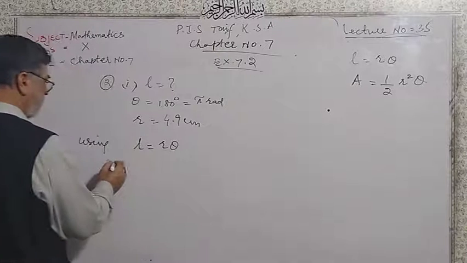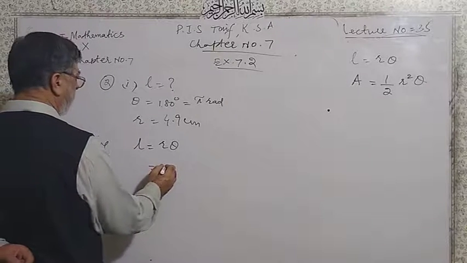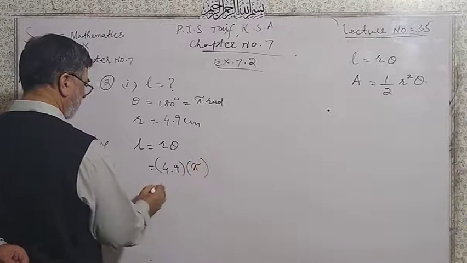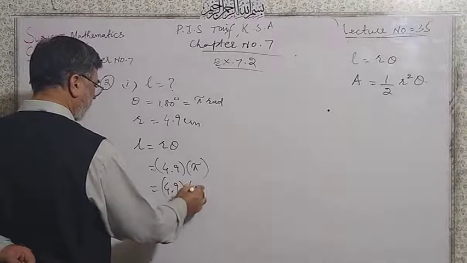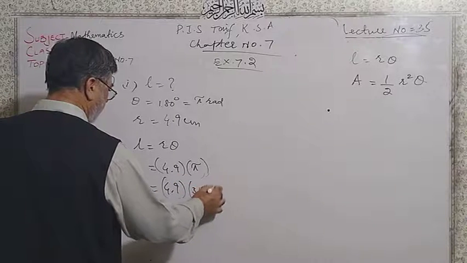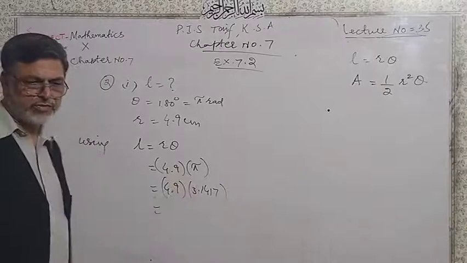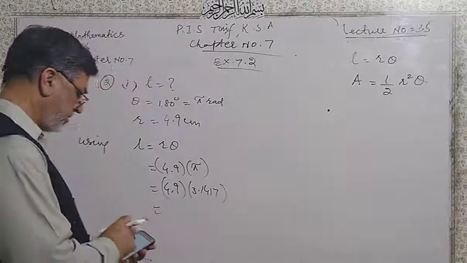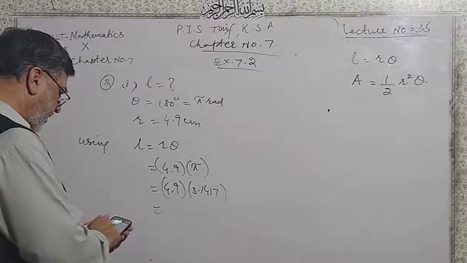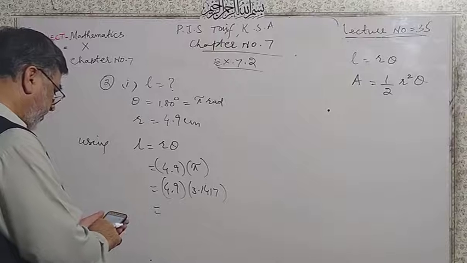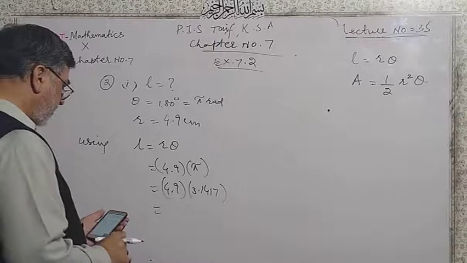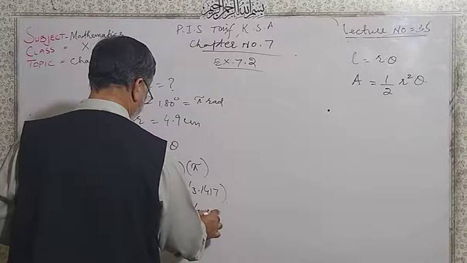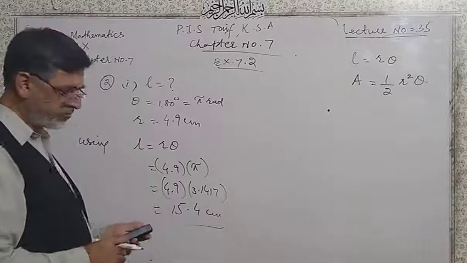So here, using L is equal to r theta, r is 4.9 into theta is pi. So 4.9 times pi, where pi is 3.1417. Now multiply and get your answer. That will be 4.9 multiplied by 3.1417. That is 15.4 centimeter. That's your answer.